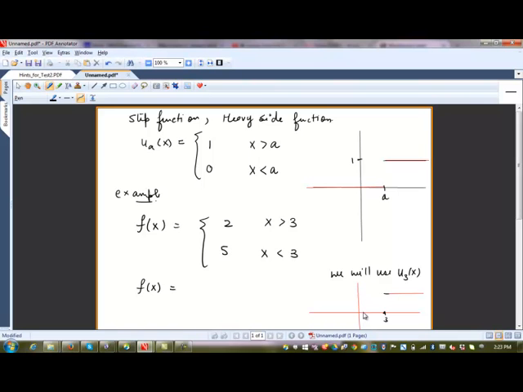How will you do that? Also think of this like a switch, an on-off situation. It will be on when it's 1, and off when it's 0. Also in physics, people take this like a switch. And so you want this function definitely to take a weight 2 when x is bigger than 3.